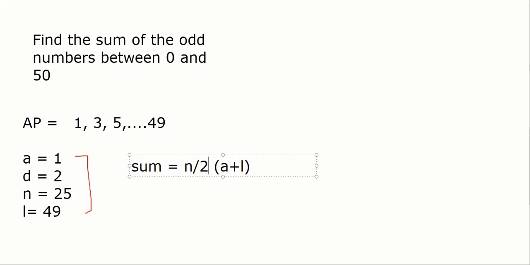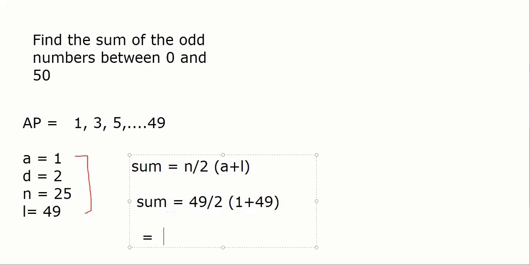So sum equals N by 2 into A plus L, 25 by 2, A is 1, L is 49, 49 plus 1 is 50, 25 times 25. Total sum is so easy, 625.